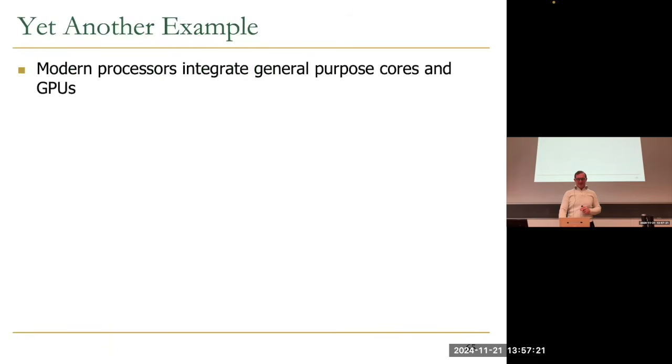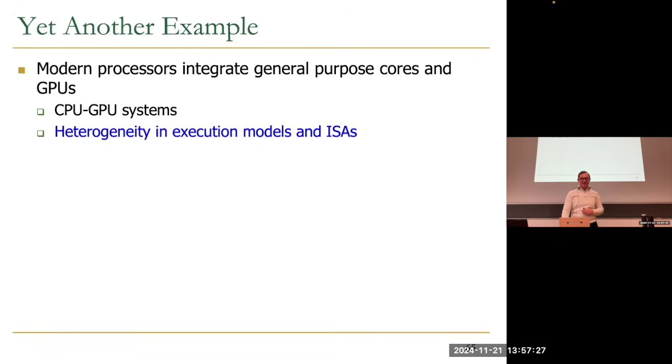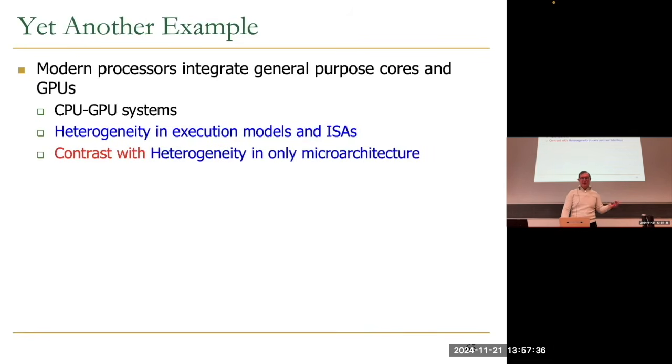Okay, another example. This is actually an old example. Today you have general purpose cores, CPUs and GPUs together, right? This shows heterogeneity in execution models and ISAs. In fact, increasingly we have other things also. But I'm going to contrast this with heterogeneity in only microarchitecture.